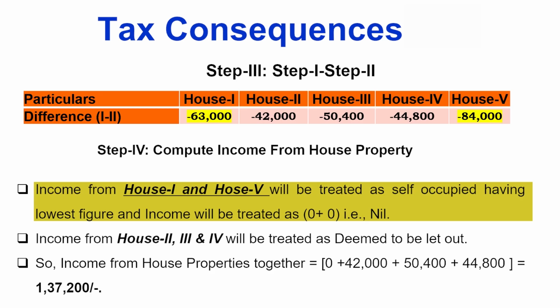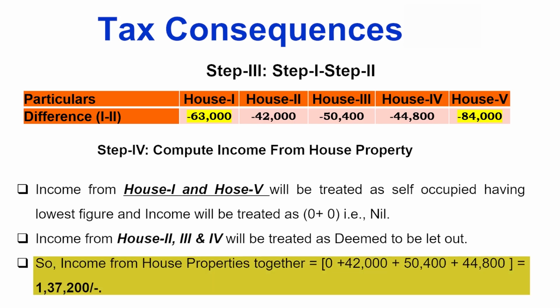So 0 plus 0, that is nil. Houses 2, 3 and 4 will be treated as deemed to be let out. Finally, income from house properties together, that is 0 plus 42,000 plus 50,400 plus 44,800, that is 1,37,200.